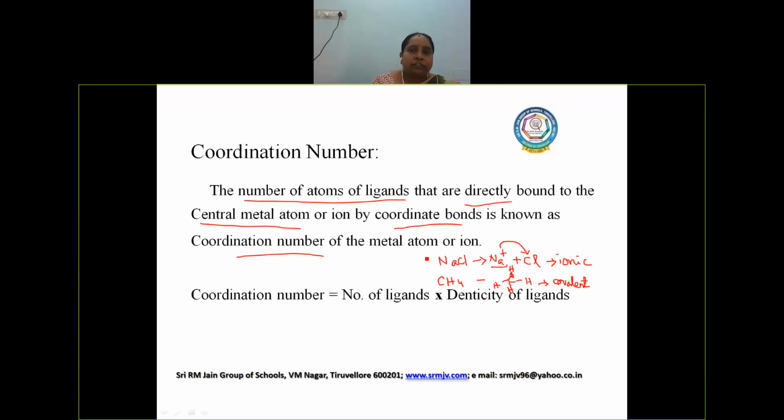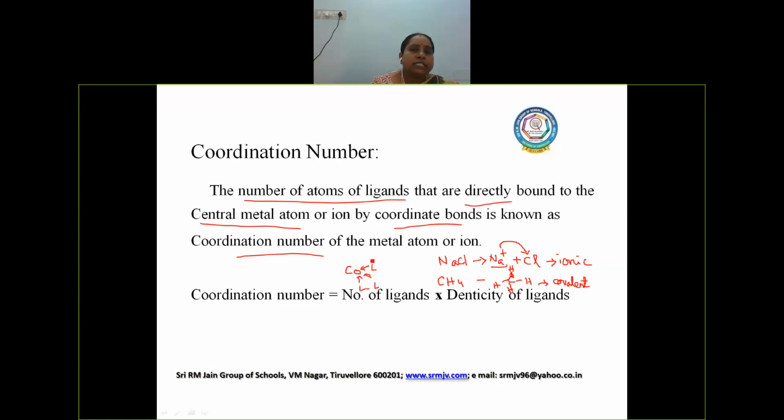Now, what type of bond is formed by the coordination complexes? Actually, the central metal atom will be there. The central metal atom is a d block element, so it has the tendency to extend its covalency. By extending the covalency, there will be more empty orbitals present in it so that it can accept the electrons from the ligand. It may be neutral or anion or positive also.